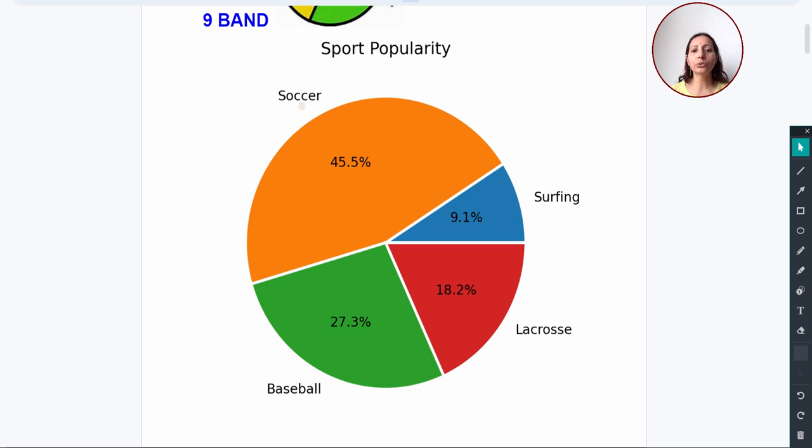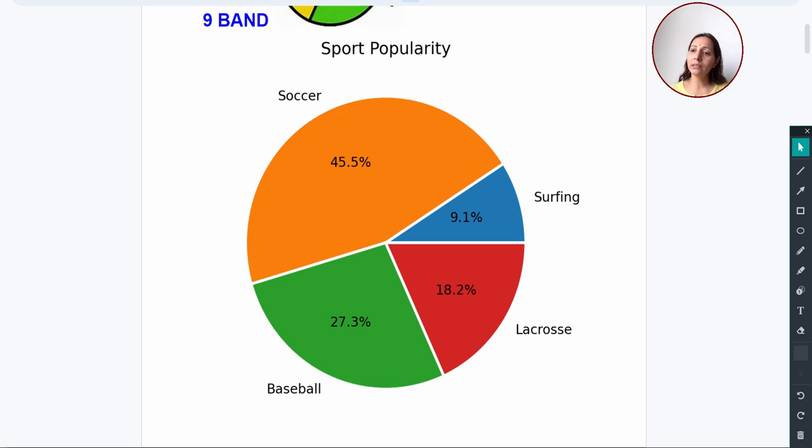I can see soccer at 45.5 percent, 9% for surfing, 18.2% for lacrosse, and baseball people are playing 27.3%. This is sports popularity data. So I can see this 45% is the largest share among all other sports, and 9.1% is the least portion of the pie chart.